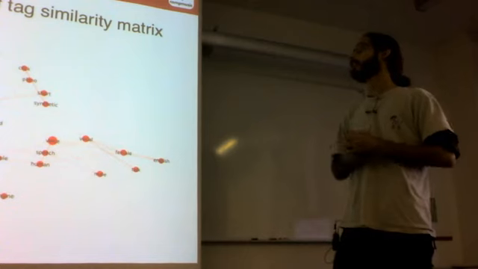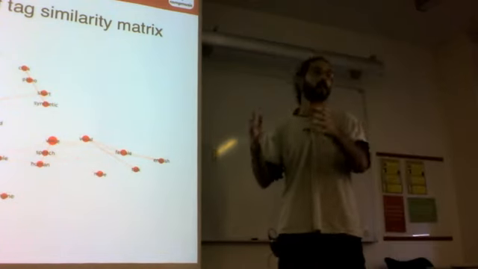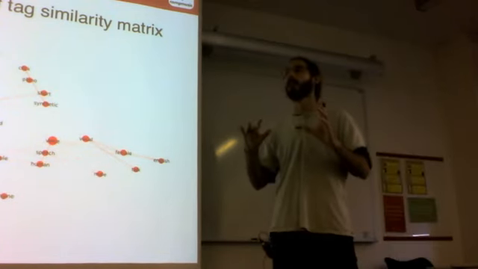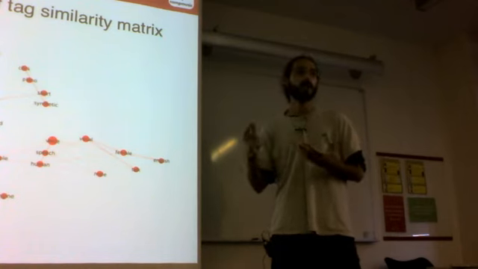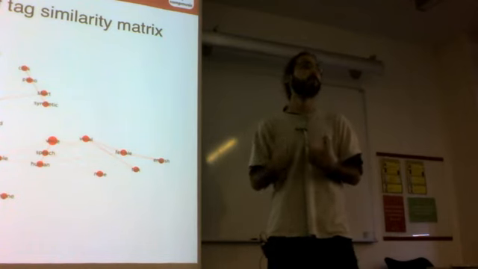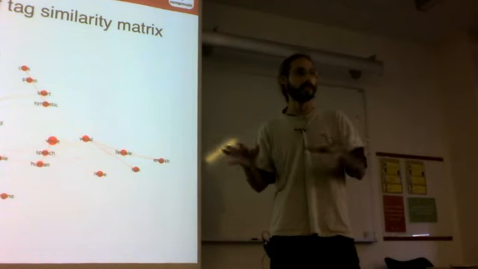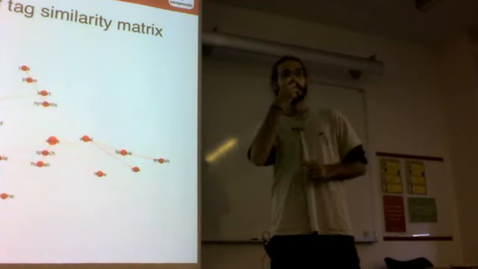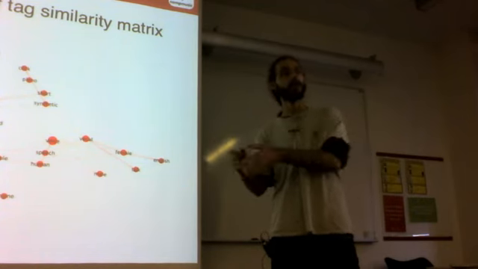Then you can see if a tag is a noun, a verb, or a personal opinion, which maybe is not interesting, or whether it is about the content or about the context.